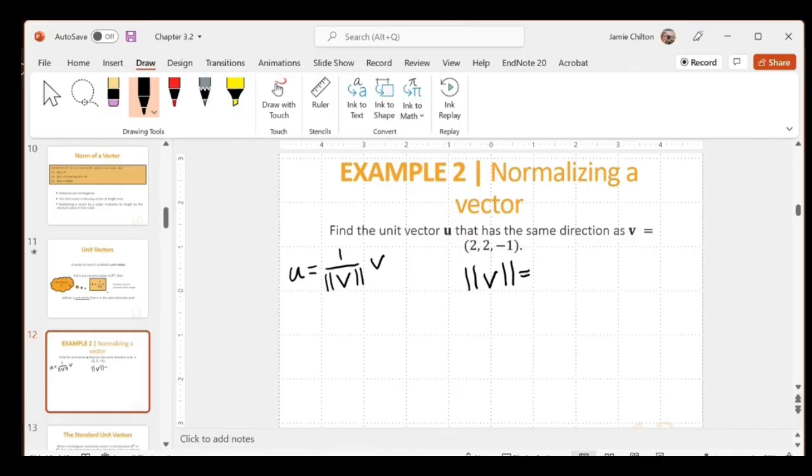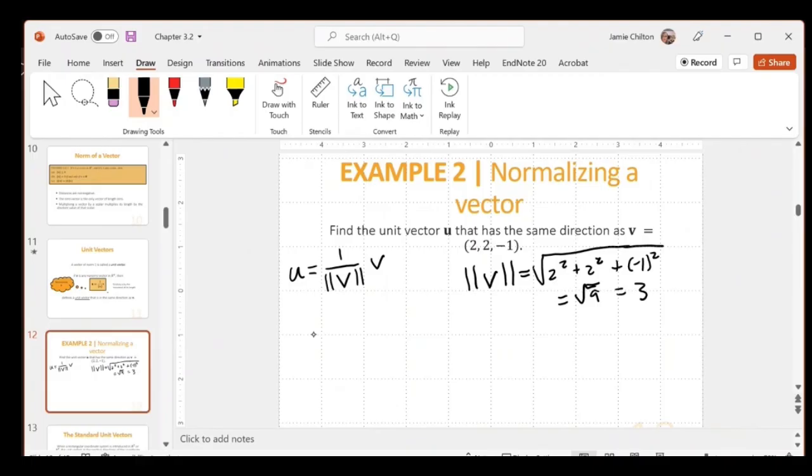That's going to equal 2 squared plus 2 squared plus -1 squared. So who can tell me what all that equals? Yep, looks like Christopher's got it. We'd end up with the square root of 9, and that obviously reduces to 3.